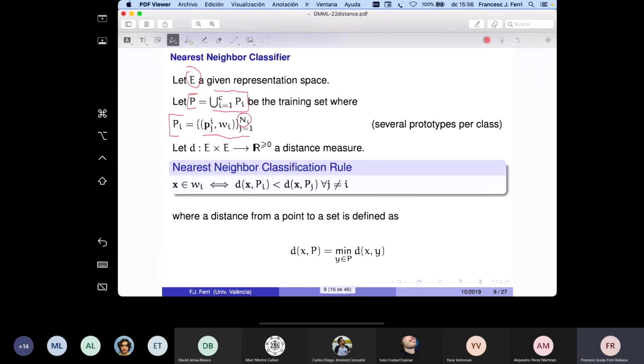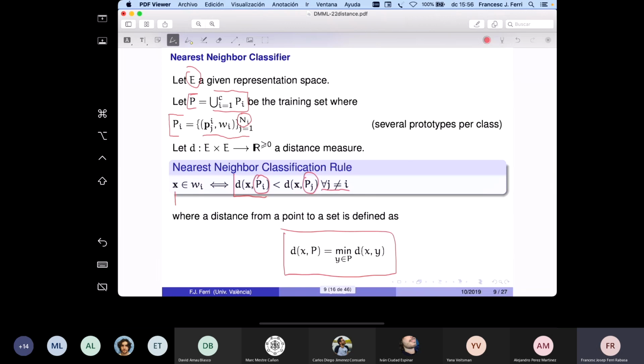With this modification, the nearest neighbor classification rule is as follows. A given input point x belongs to class i if and only if the distance to the set P i is smaller than to the set of any other class j. Remember that the distance from a point to a set is defined as the minimum of the distances to the set.